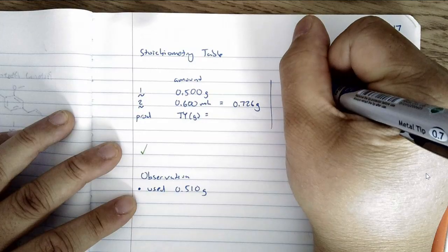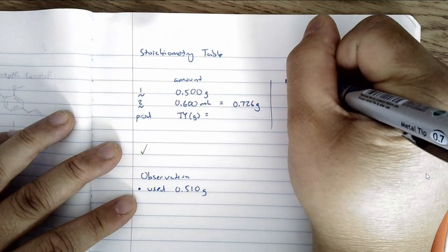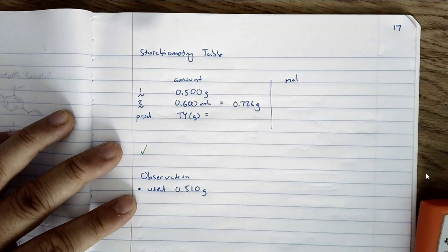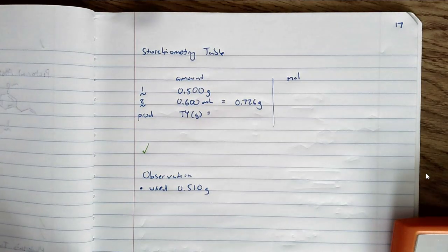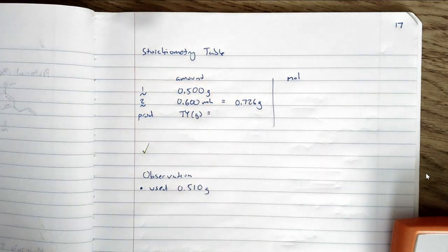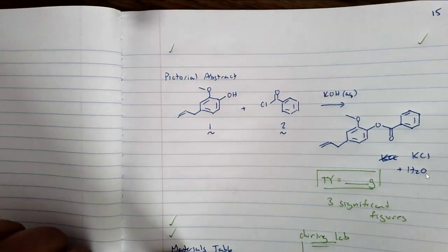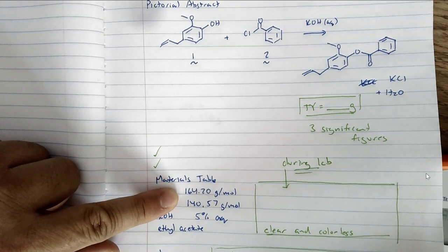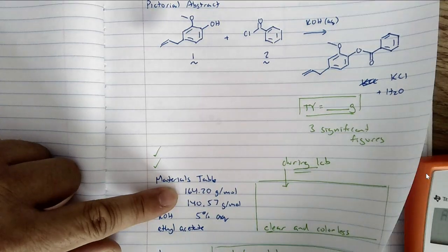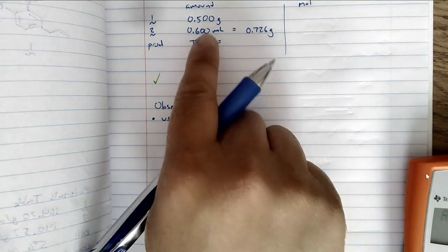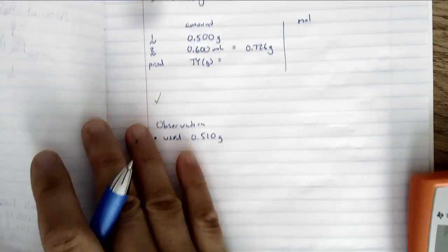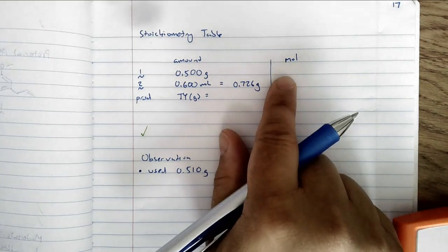Now the next column is moles. Okay, and so how do you figure out moles? Well, we have molecular weight right here. We want moles on top.